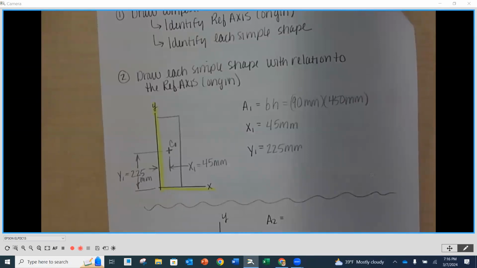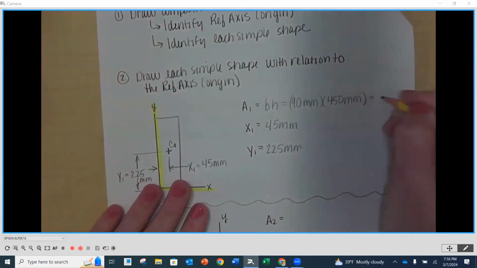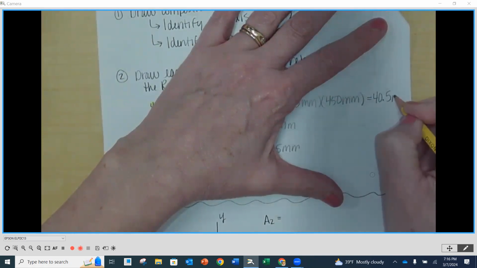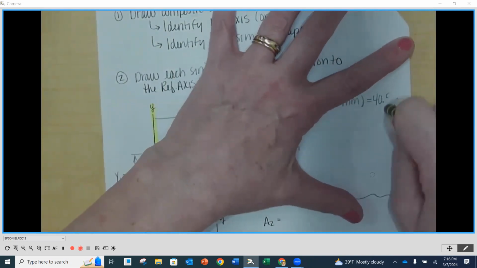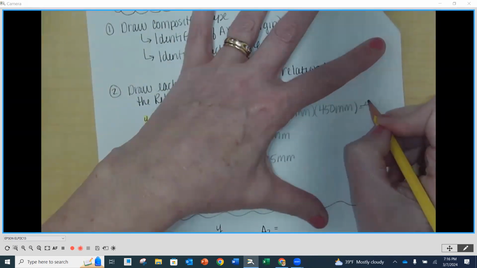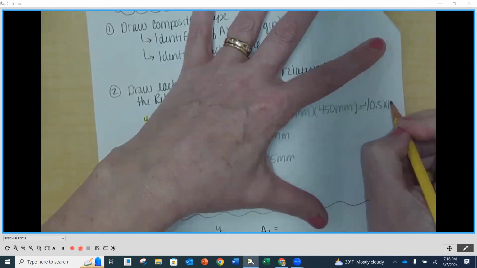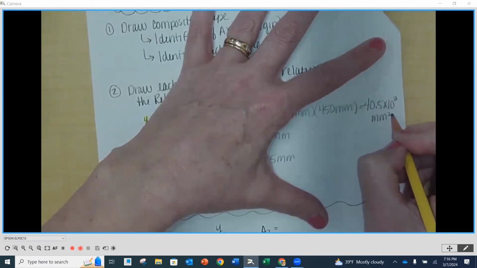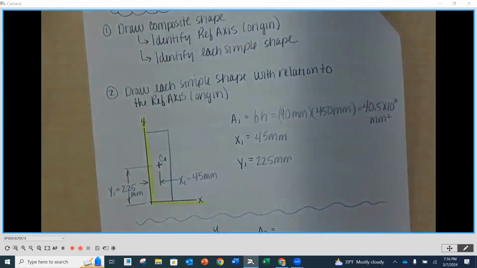This is a personal preference. They have it as 40.5 times 10 to the third, and that would be millimeters squared for the area. So make sure you get that with 90 times 450.